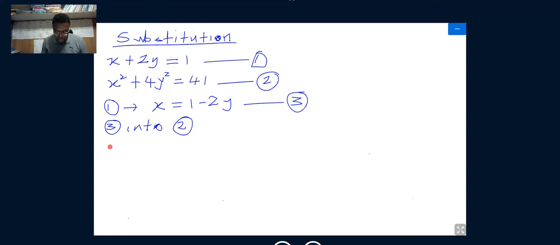We have x squared plus 4y squared equal to 41.